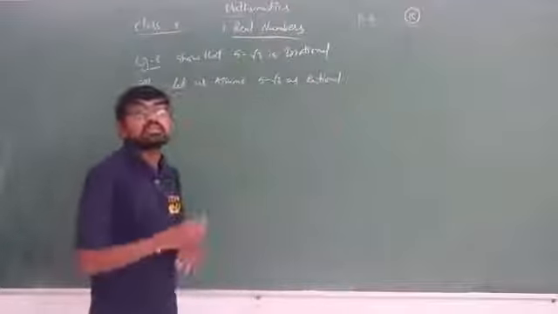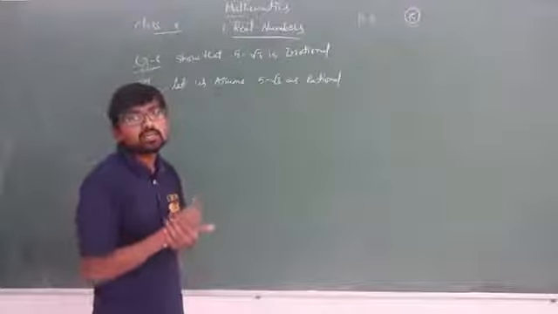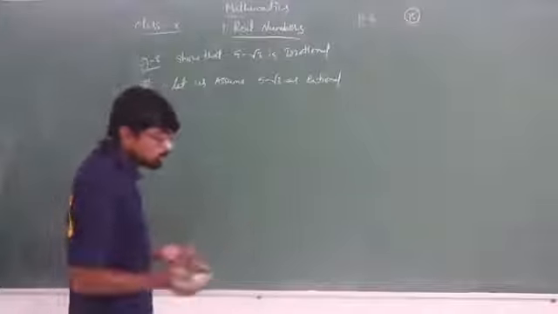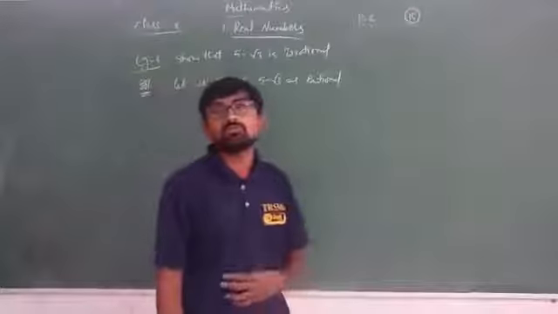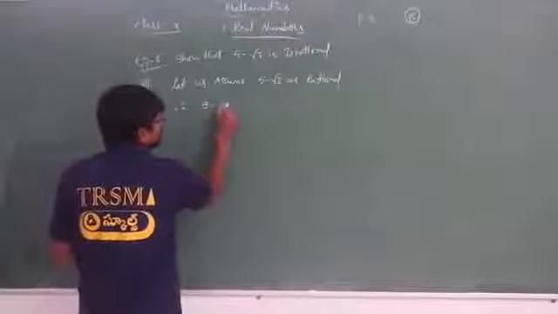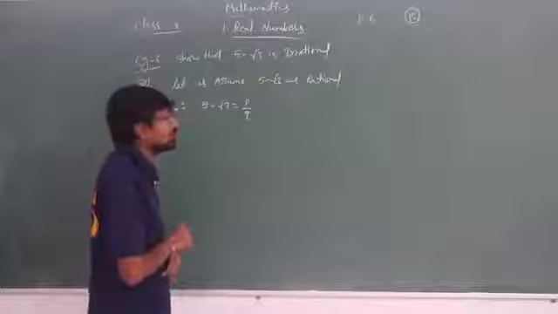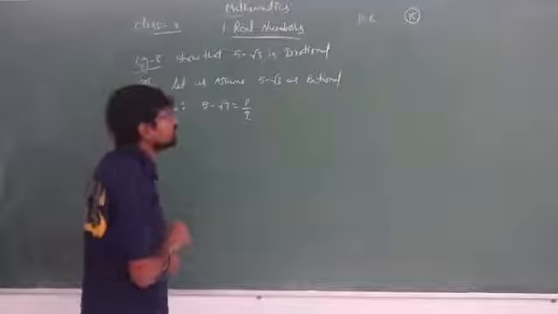What are we doing here? We are assuming 5 minus root 3 is rational first. What do you know about a rational number? It can be written in the form of P by Q. Therefore 5 minus root 3 is equal to P divided by Q.